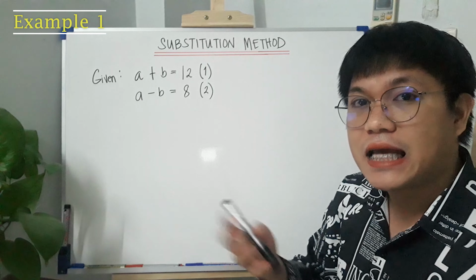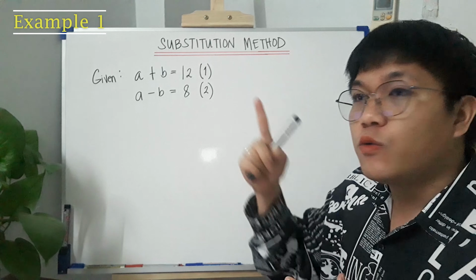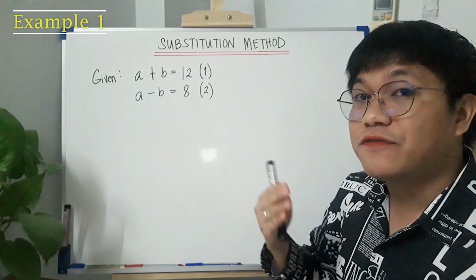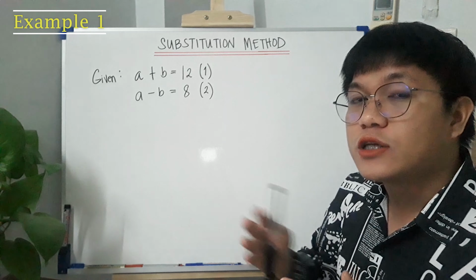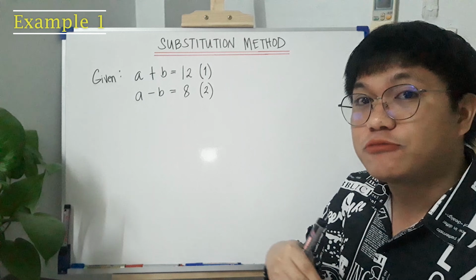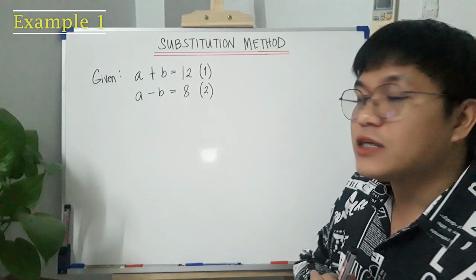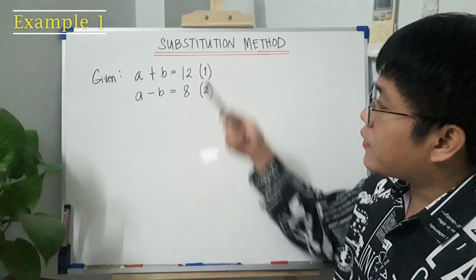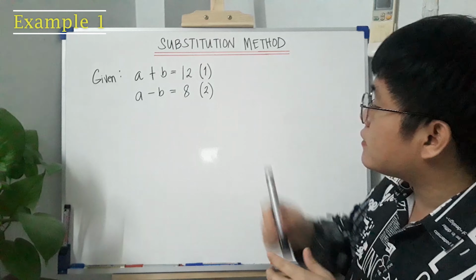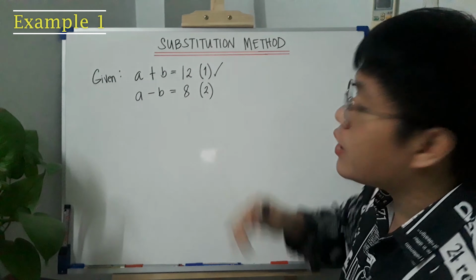Now, what does it mean? We have to choose first which among the two equations given we are going to use. After that, we are going to choose which among the variables given we are going to use as the subject of our solution. So first, we are going to choose either equation 1 or equation 2. In my case, I will choose equation number 1.